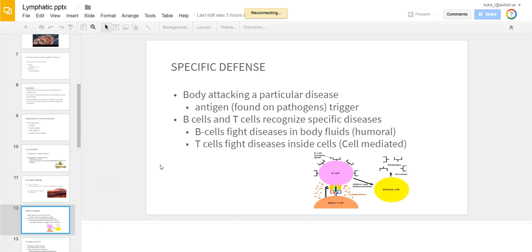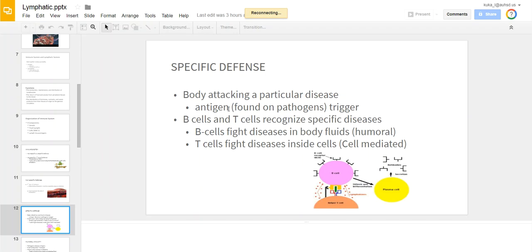All right, if an illness makes it past your first and second line of defense, we go into our specific defenses. This is where your body is actually attacking a particular disease. An antigen is a trigger. An antigen is something that's found on the bad guy, the pathogen.